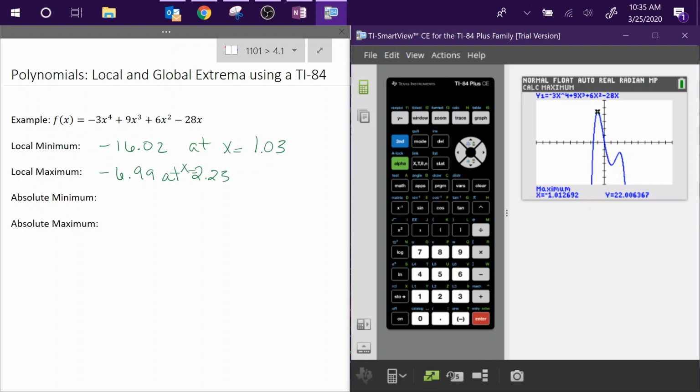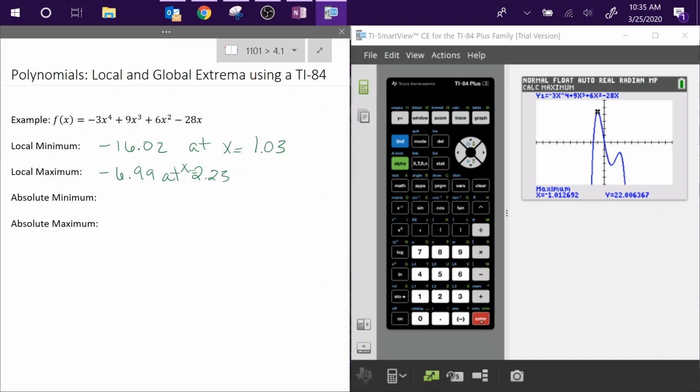And it looks like our maximum is 22.01 at x equals negative 1.01. So we have 2 local maximums and 1 local minimum.